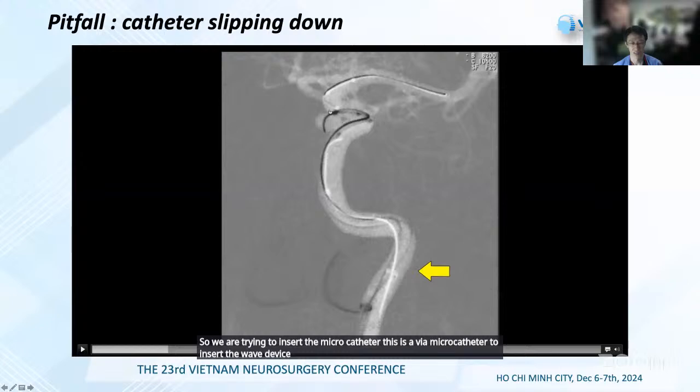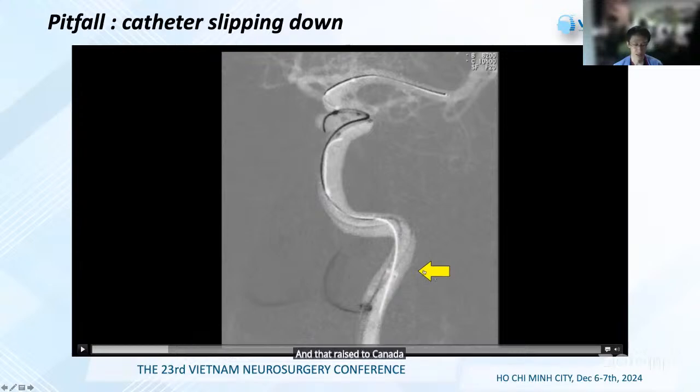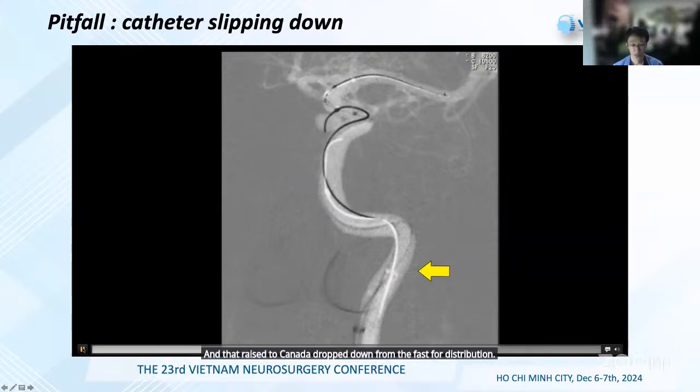Here you can see the aneurysm, and the micro guide wire is inserted into the aneurysm. When we push the support balloon here, the Wrist catheter dropped down from the first position, like this.